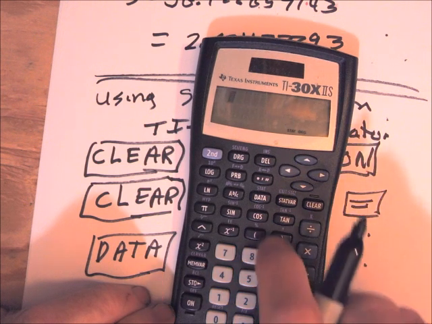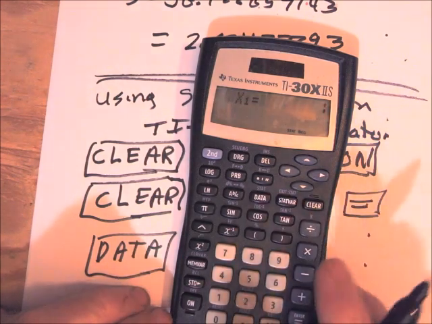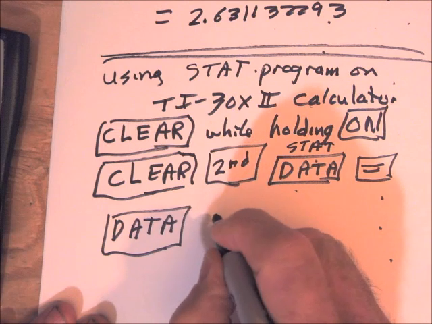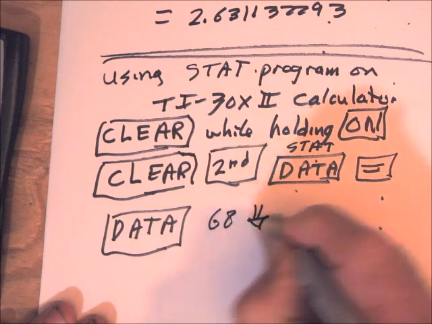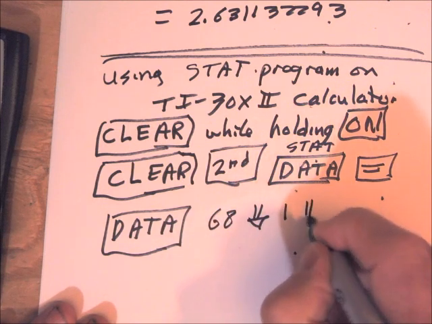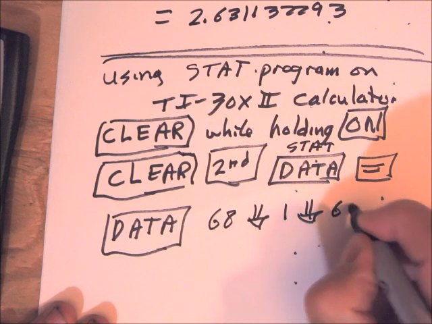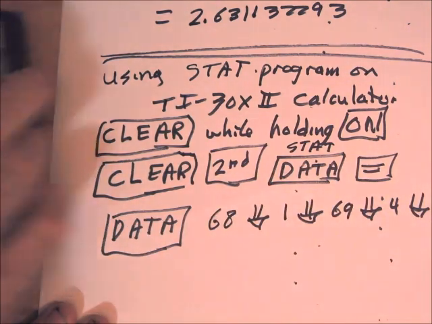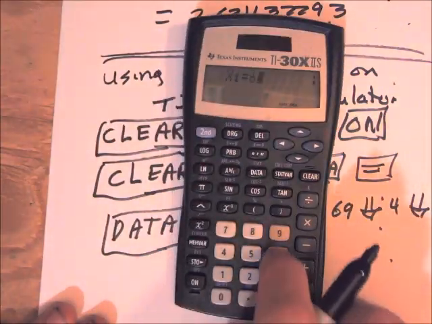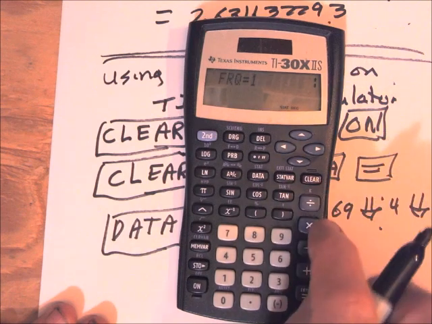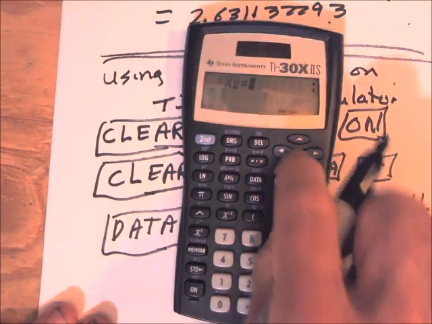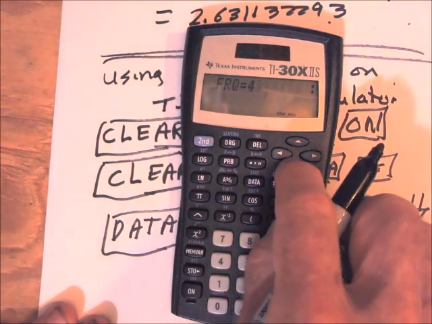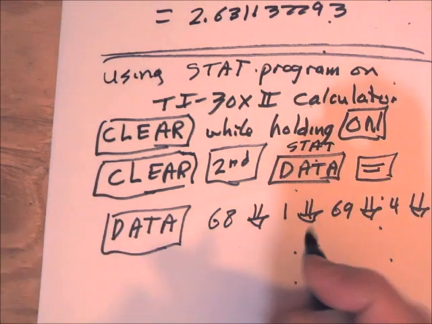Then push equals, and then data again. It'll say x1, so that's our first value. That'd be 68. Down arrow, and it asks for the frequency, which is 1, down arrow, 69, and the frequency is 4, down arrow, and so forth until you get all the data in.